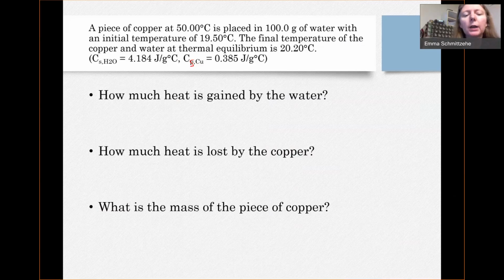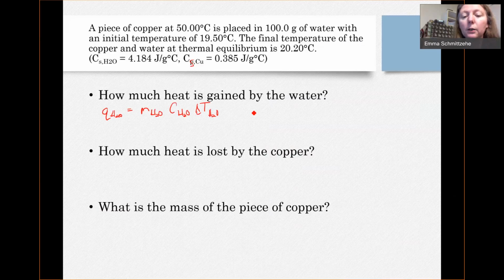To calculate that, we could set up an equation: the Q of water should be equal to the mass of water times the heat capacity of water times the change in temperature of water. We should have that information to plug in.